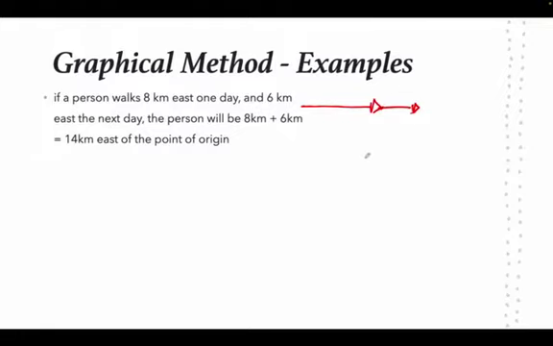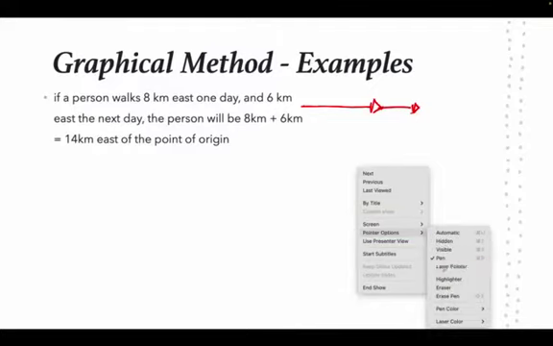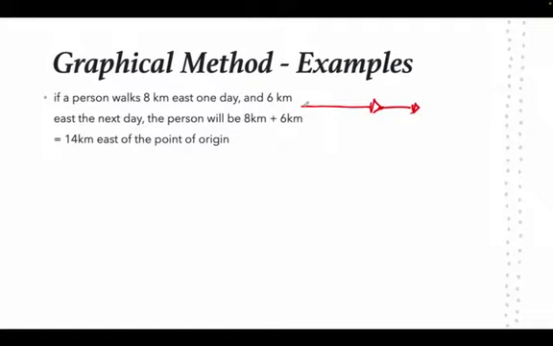And then my resultant vector would be an arrow connected from the beginning of the first vector all the way to the end of the second vector. So this blue vector will be my net vector. Okay. Now, since this was 8 and this was 6, the blue vector becomes 14 kilometers.